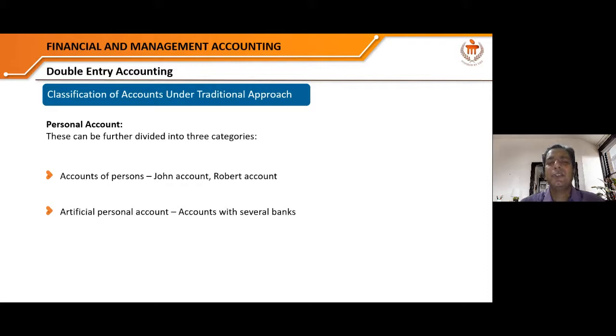You can have a John account, Robert account, X account, Y account, Z account. Then artificial persons accounts, like the bank accounts we have with several individuals or organizations, can be considered a part of personal account because they represent organizations and institutions. And then representative personal accounts: outstanding rent account, prepaid rent account, they all fall into the category of representative personal account. They represent.